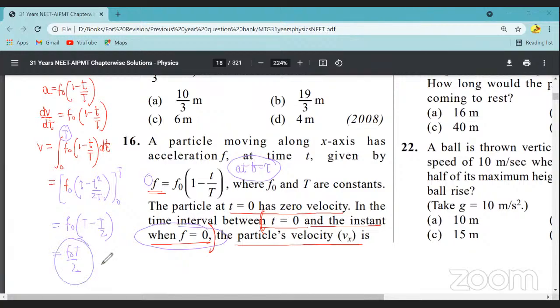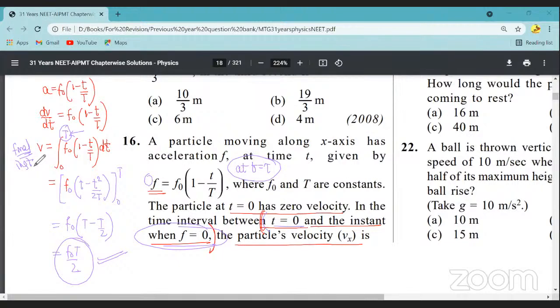So actually this is not average velocity. This is not velocity in the time interval 0 to this much. This is the velocity at time this much. So this is final velocity, or you can say instantaneous velocity. This is not average velocity.